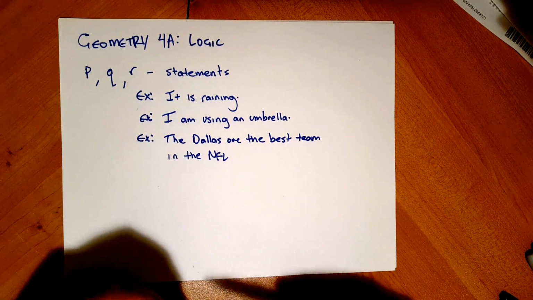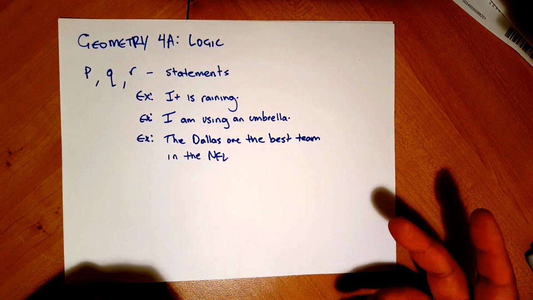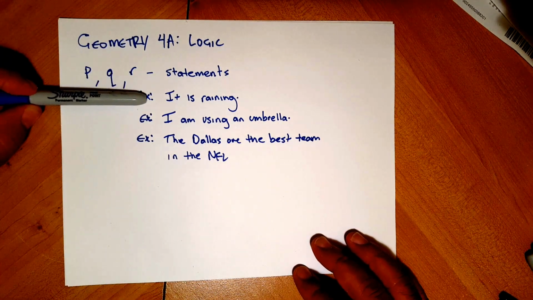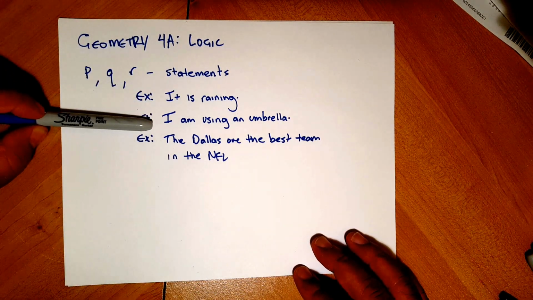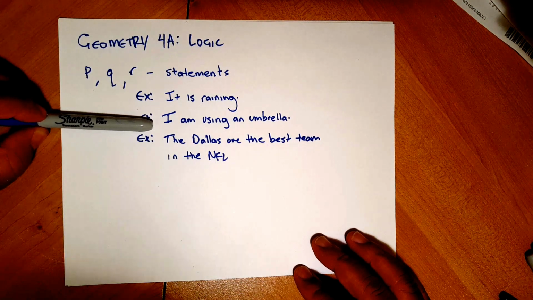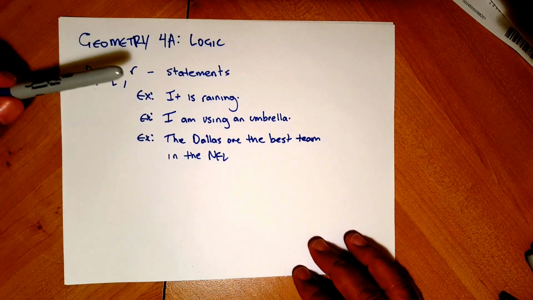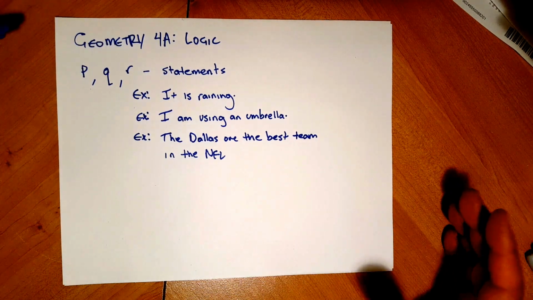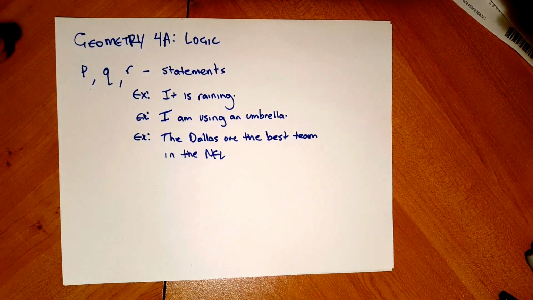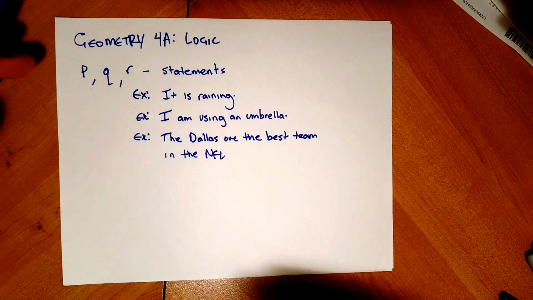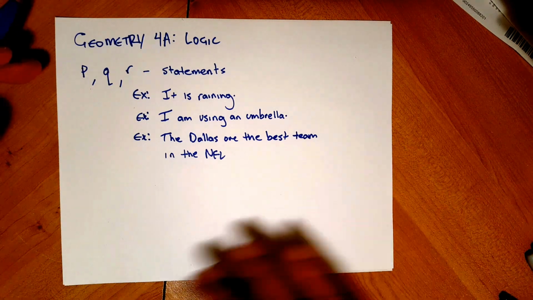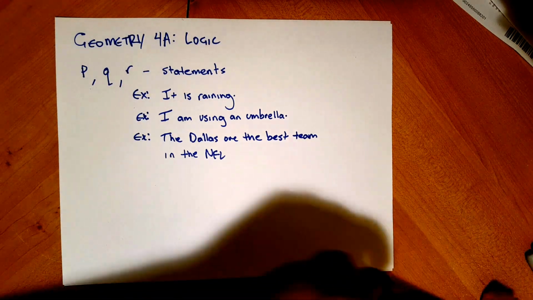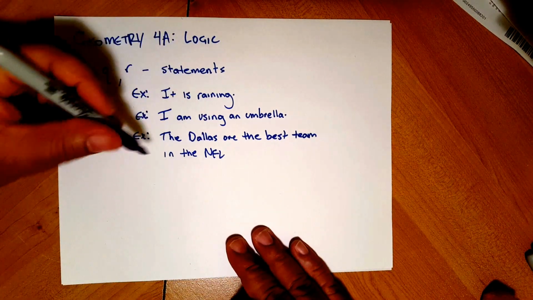We maybe can cite some stats, but it is debatable. Whether or not something is raining, it's not really debatable. If I'm using an umbrella, I'm using an umbrella, or I'm not using an umbrella. So a statement has to be very clear, and it cannot be ambiguous. So it has to have a very, very clear truth value. So either something is explicitly and totally true, or explicitly and totally false. So this is a bad example.